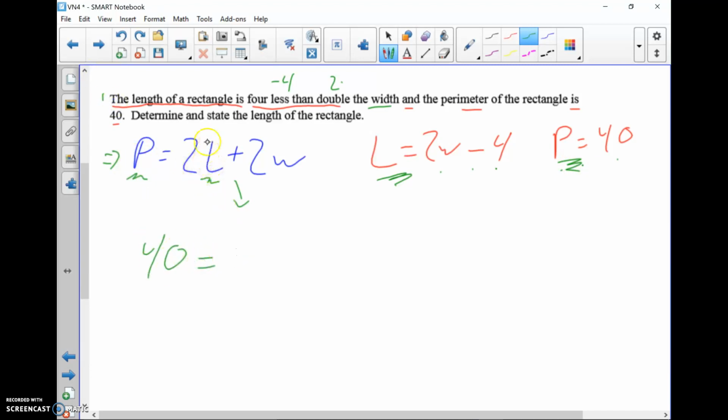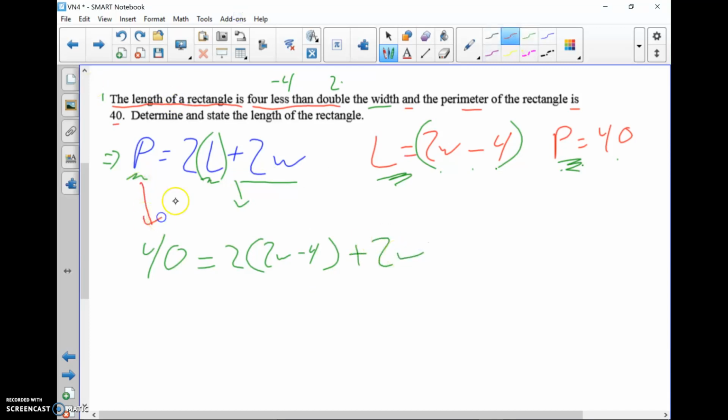The 2L, now I am going to use parentheses because it's an expression here. If it was just another letter like A, it would just be 2A, but I'm replacing L with an expression of 2W minus 4, so I have to use parentheses there. So it's 2 times the length, whatever the length is. Well, the length here is 2W minus 4. And sometimes people stop there, but don't forget, this plus 2W is still part of the problem, right?